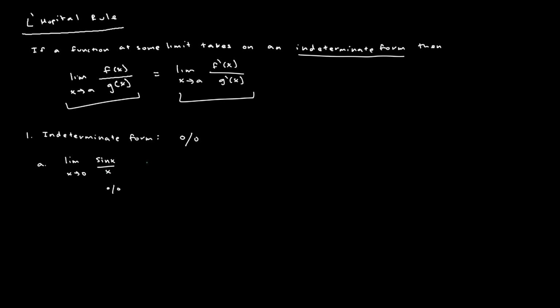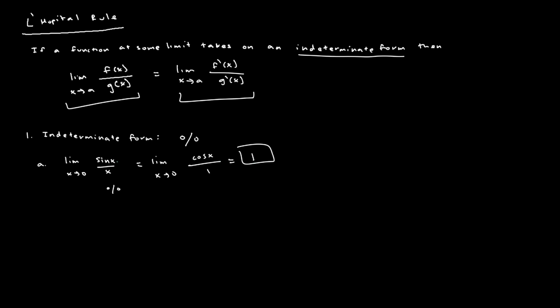So our only choice is to use L'Hopital's rule, which says that this limit is the same thing as the limit as x tends to 0 of the derivative of sine x, which is just cosine x, divided by the derivative of x, which is 1. And plugging in 0 now will give us 1, and this matches what I told you the limit would be, and it also matches where we would see the function tending towards when we graphed sine x over x.